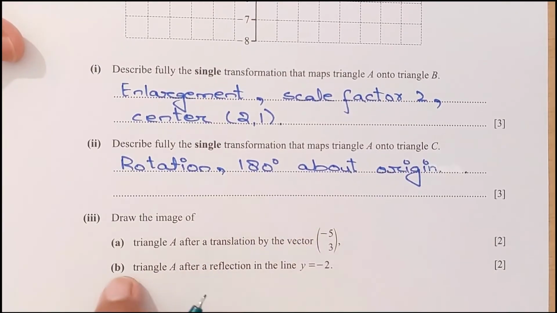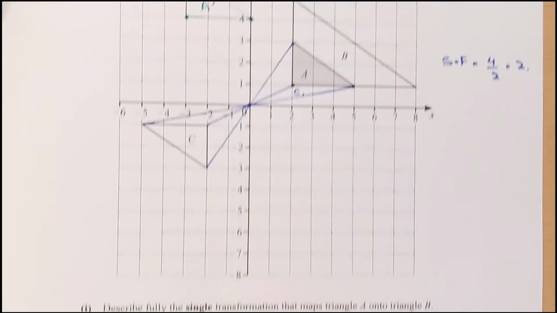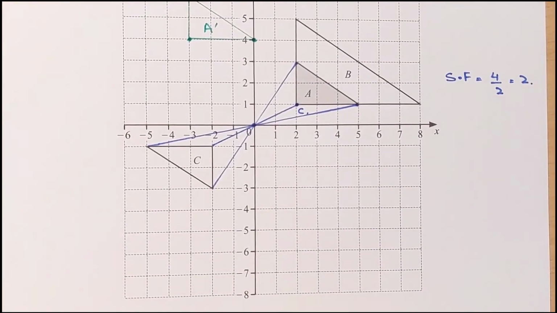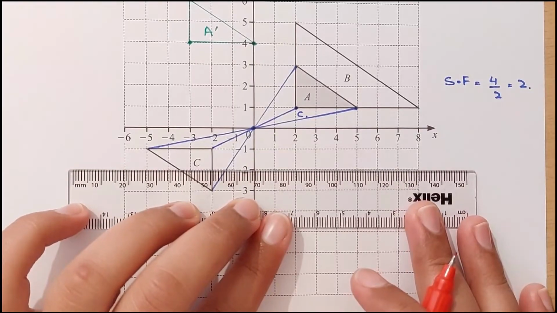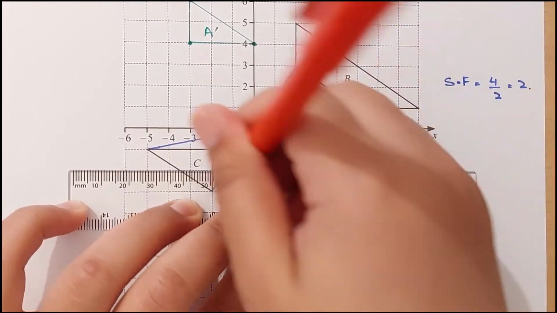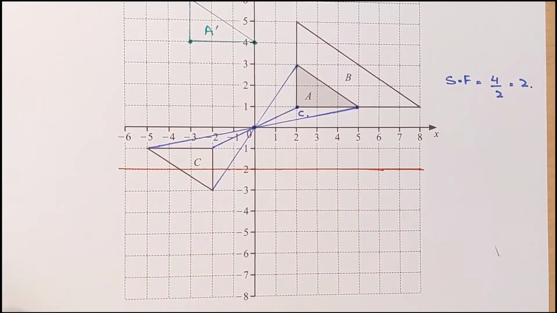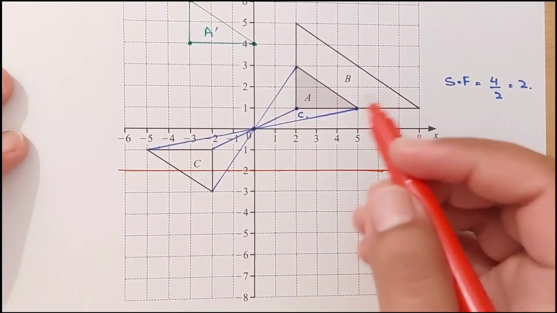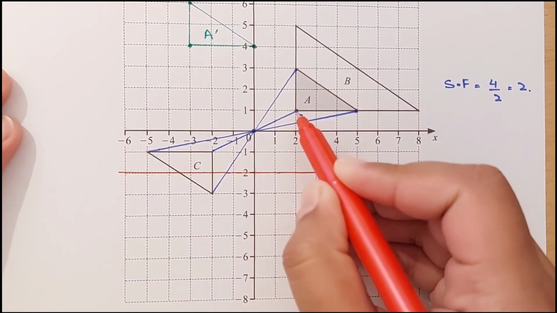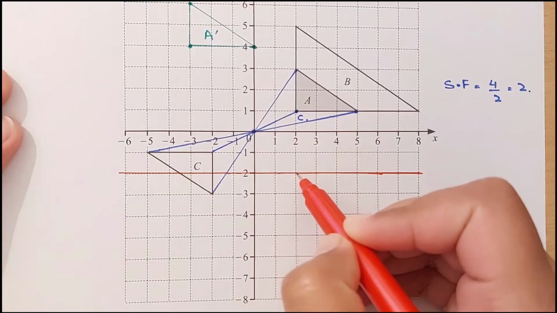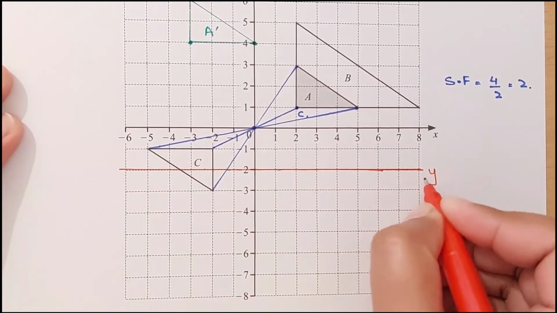Now for part B, triangle A after a reflection in the line y equals -2. So let me draw the line y equals -2. This is the line y equals -2. Right. As you can see, we have 1, 2, and 3. So for this point, we move 3 units down to reach the line y equals -2.